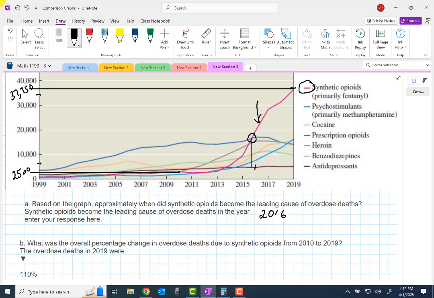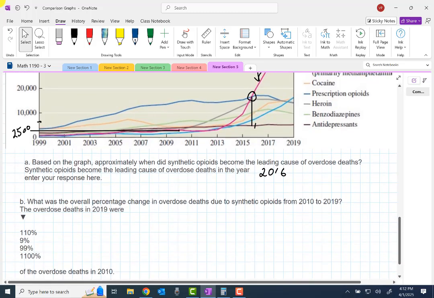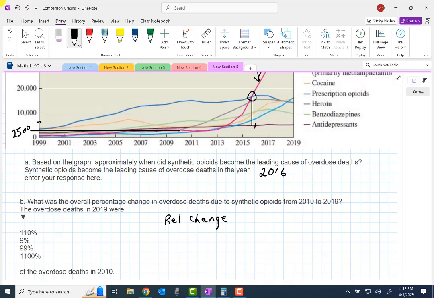If you remember, the percentage change is the same as the relative change. If we want to know how much it changed from 2010 to 2019, 2010 counts as the old time. So you might remember that it's new minus old, divided by old, times 100%. So let's put our numbers in.